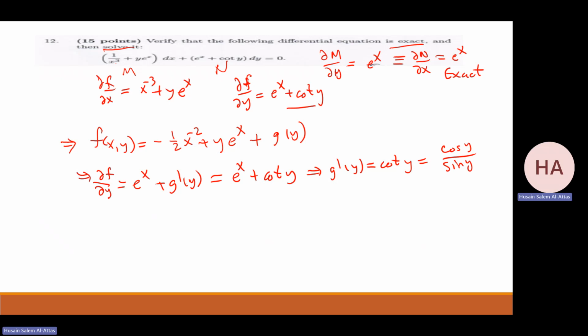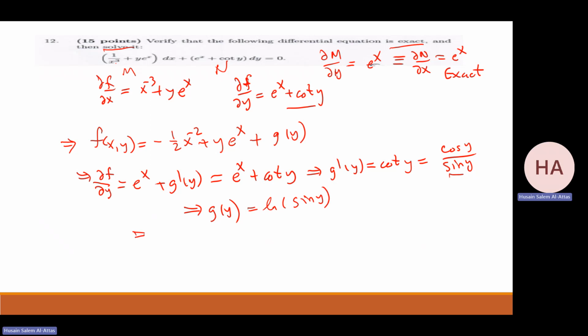Okay, now we want to integrate it. If this is u, this is du, so I have ln sine y.